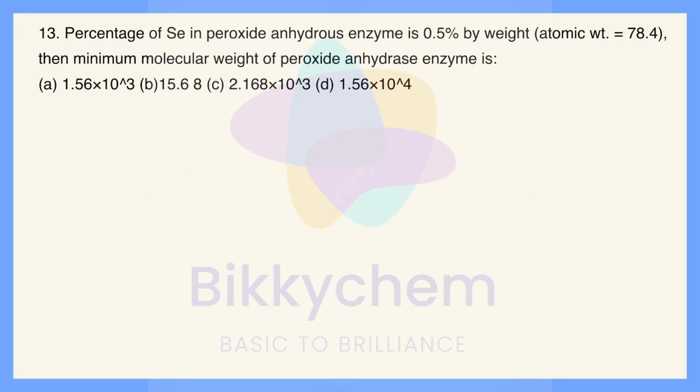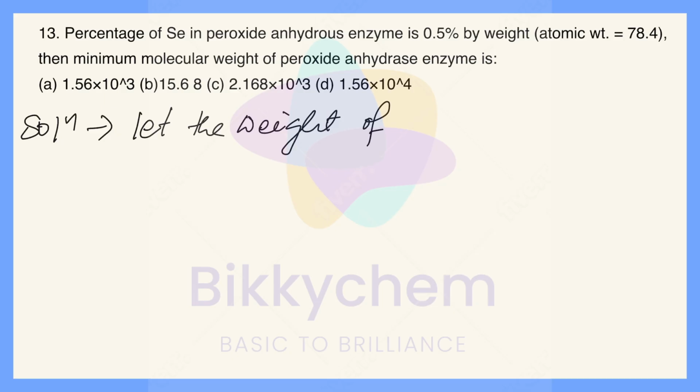Okay, now let us come to the next question. We need to find out the minimum molecular weight of the peroxide anhydrase enzyme. So to do this, let the weight of enzyme equals to x.